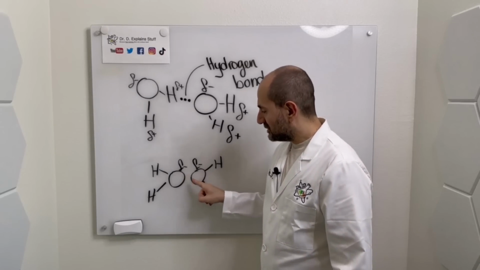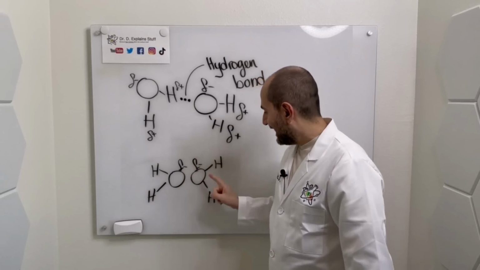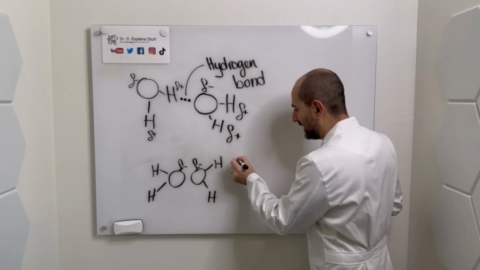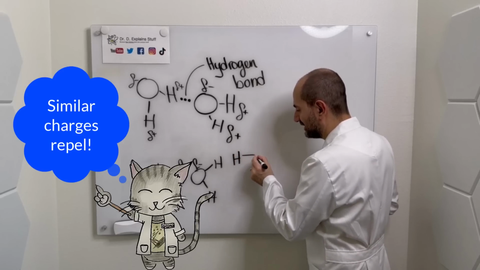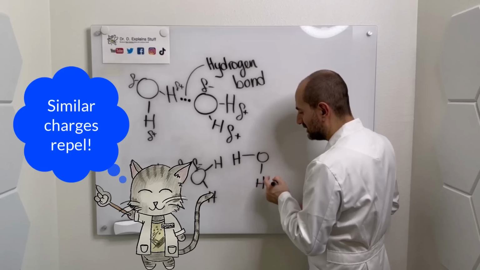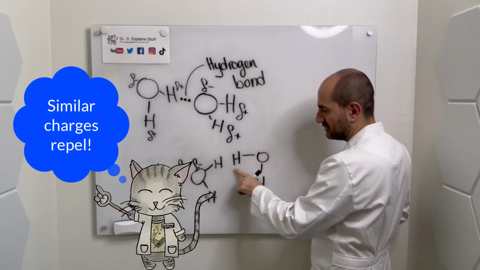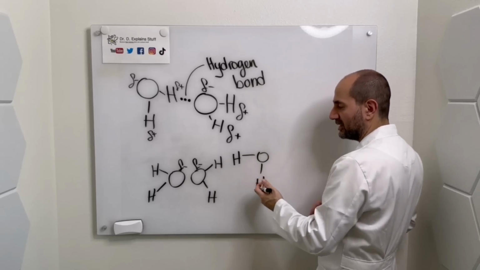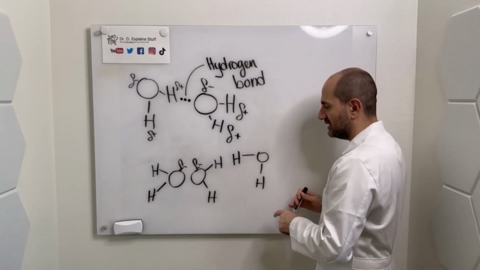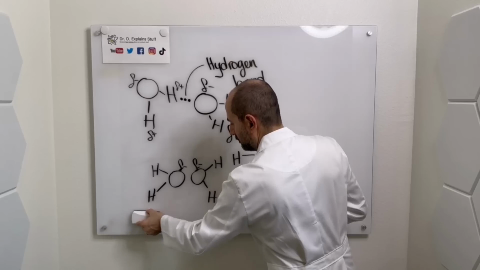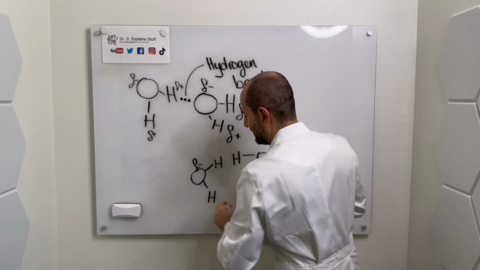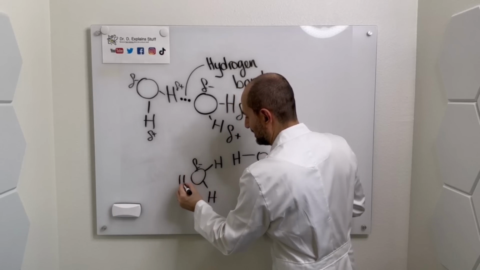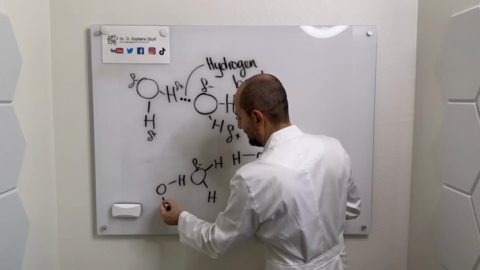The oxygens would not want to interact, and hydrogens would not want to interact either, right? So look, the hydrogens would not want to interact, the oxygens would not want to interact between different water molecules. So if this were to happen, this water molecule would flip around, right? It would flip around and put its hydrogen here. Okay, does that make sense?